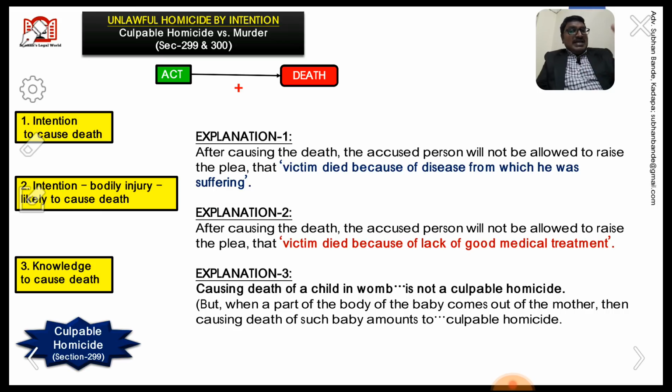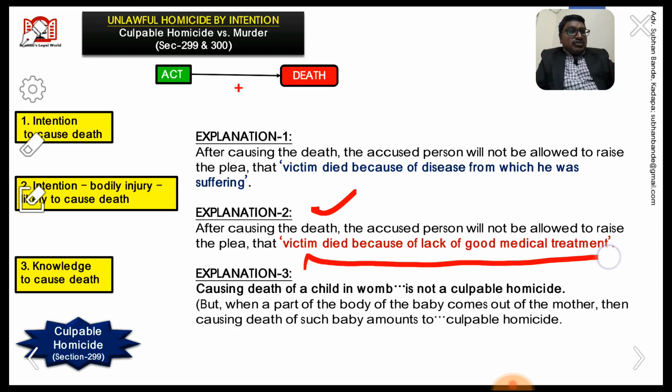The second explanation is, after causing the death, the accused person will not be allowed to raise the plea that the victim died because of lack of good medical treatment. Whether good medical treatment is provided or not is beyond the control of the accused person. The intention of the accused person is to cause death or to cause a bodily injury that is likely to cause death.